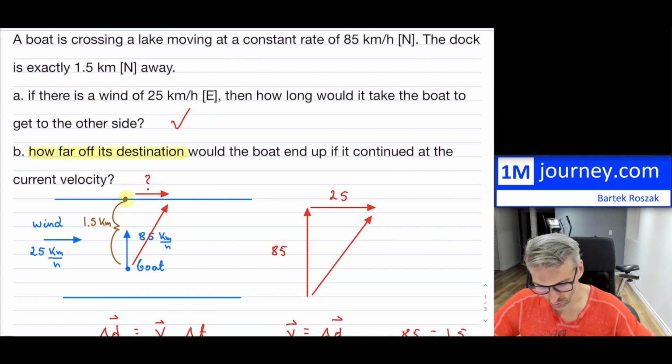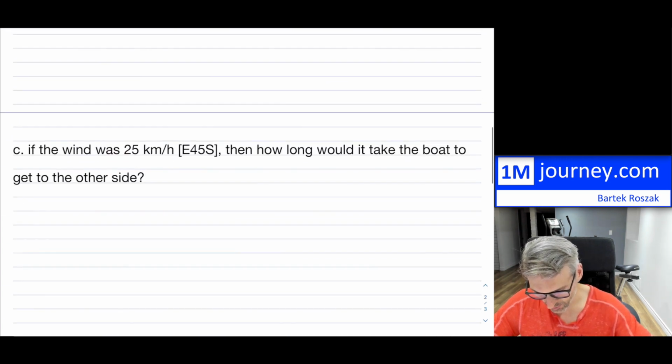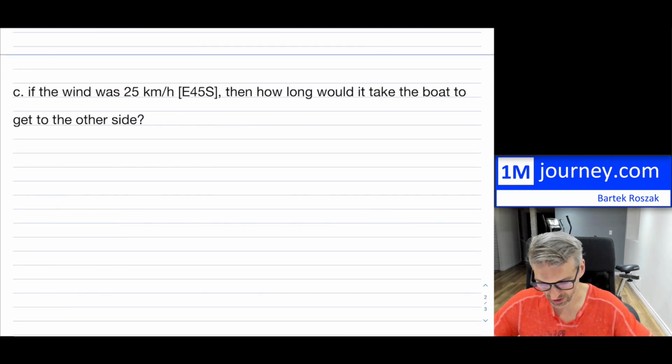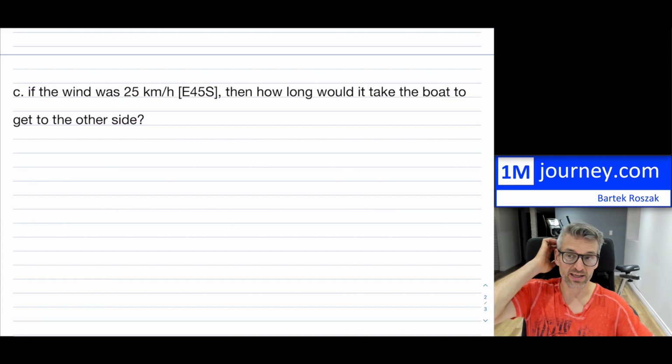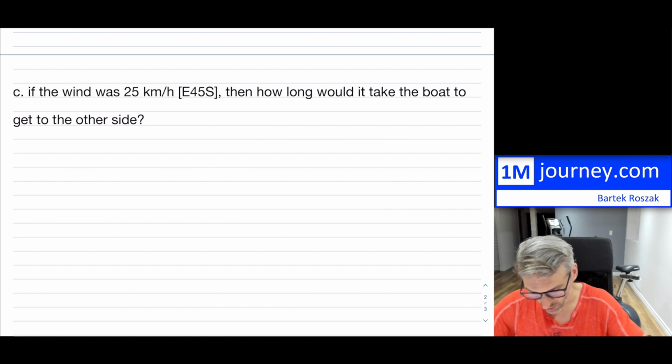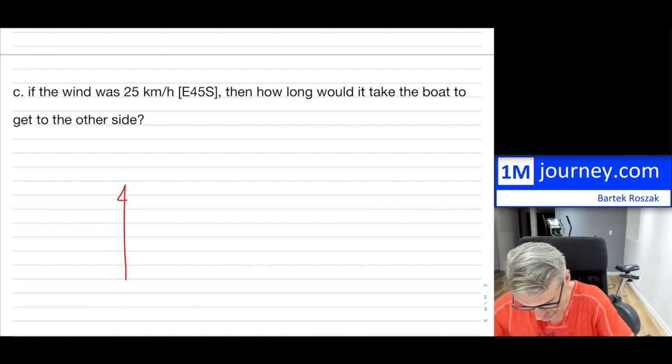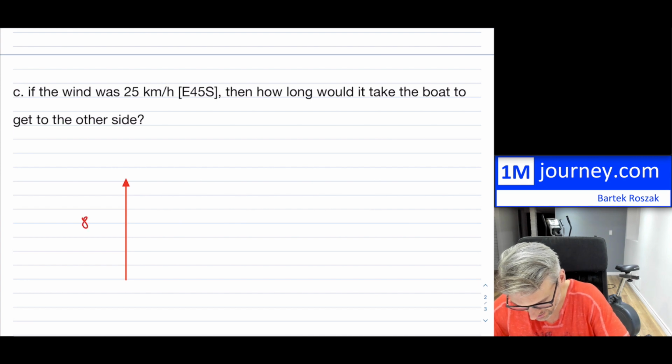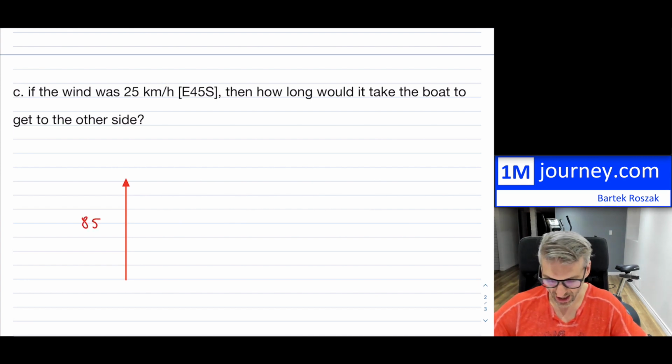Now I'm going to give you one more example. It's exactly the same, but now the wind is 25 kilometers an hour, and it's not just east. It's 45 degrees south of east. What would this mean? We're moving along here at 85 kilometers per hour.